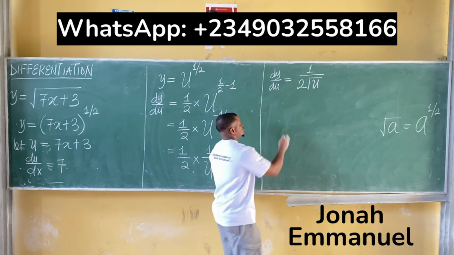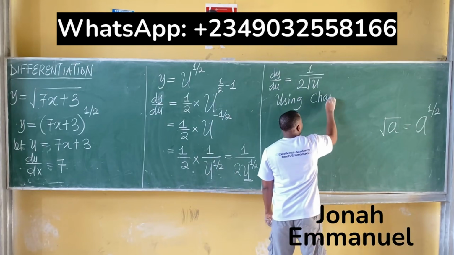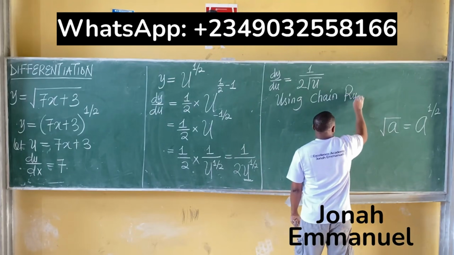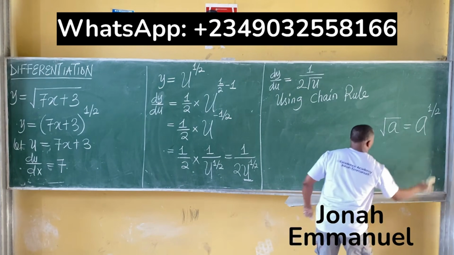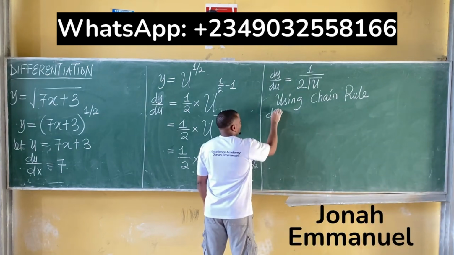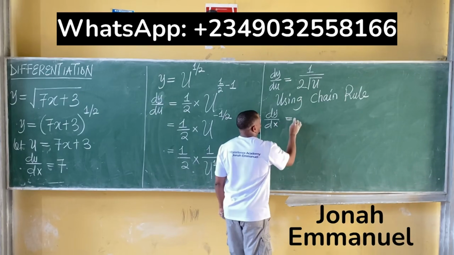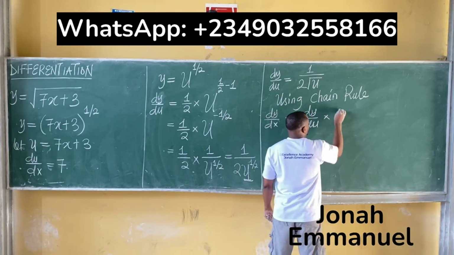That's it. So you now say, using chain rule, what do you have there? dy dx is equal to dy du times du dx.